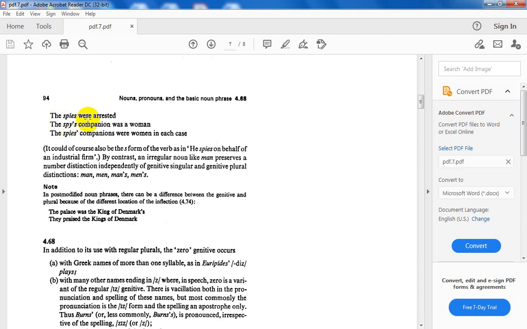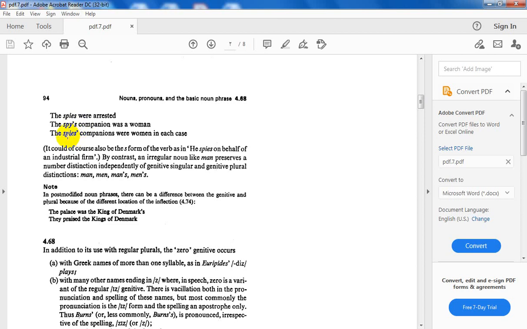Here, the spies were arrested. It is only the plural form of the noun. But here I have the singular form, apostrophe, then S genitive. Then here I have spies, the plural form of the noun, followed by the apostrophe.